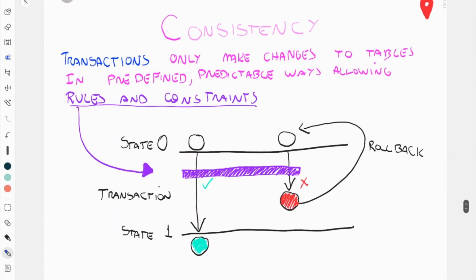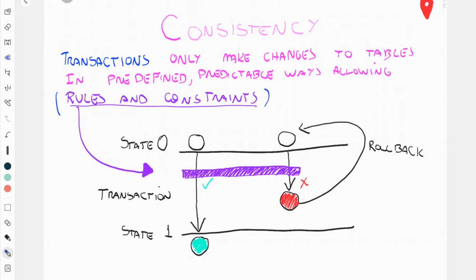So consistency is basically that transactions only make changes to tables in predefined and predictable ways. About consistency, the second ACID property: you expect something to happen, and that allows rules and constraints.